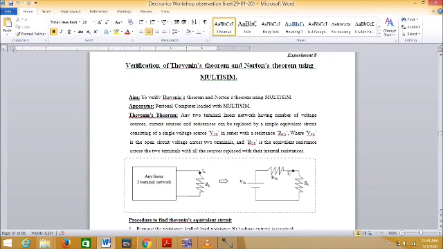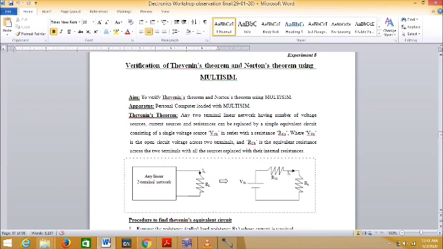Beside that network you could observe that there is a network in which VTH and RTH are connected in series to each other, to which a load resistance is connected. In the classroom you might have learnt how to convert a two terminal linear network into a Thevenin equivalent network.